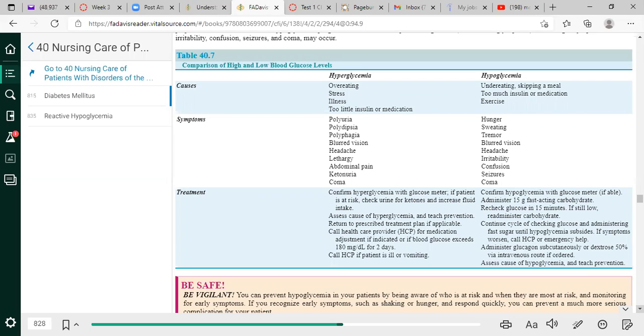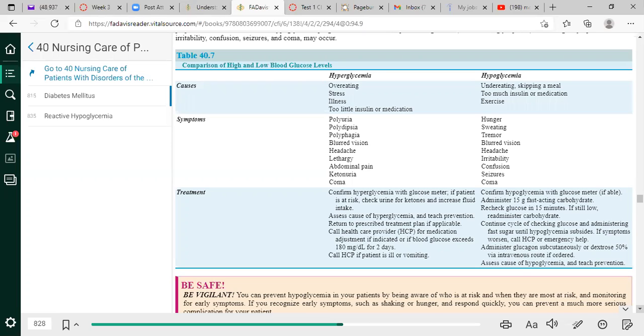And if your patient is not NPO and your patient is not unconscious, you want to actually give them 15 grams of fast-acting sugar. You want to get them a simple sugar and a complex sugar. So if your patient's blood sugar is 65, they're not unconscious, and the patient is not NPO, you want to get that patient a cup of orange juice. That's going to be the 15 grams of sugar, and maybe peanut butter and crackers.